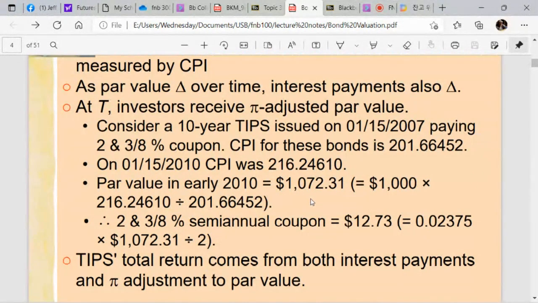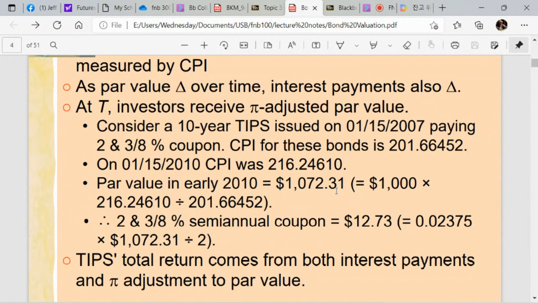So the par value has been adjusted for inflation, right? Of course, if you sell it at the time, you won't get this. You will get whatever the market price is, but at maturity, if 2010 was maturity, you'll get this.